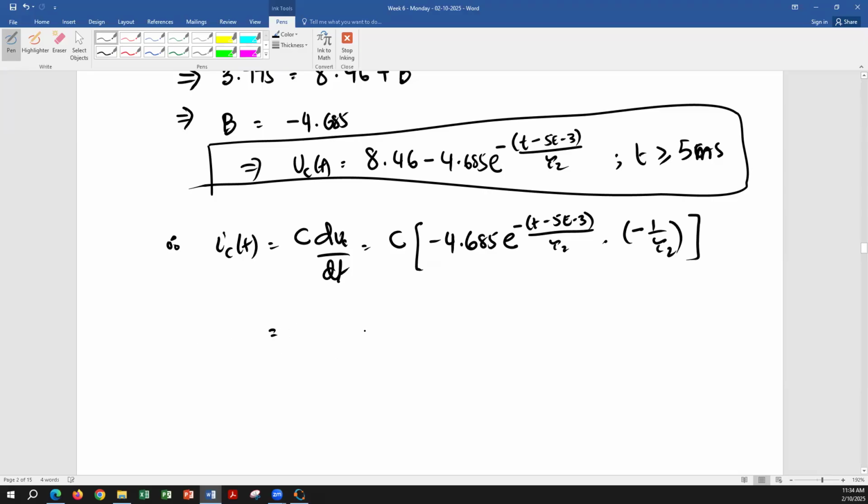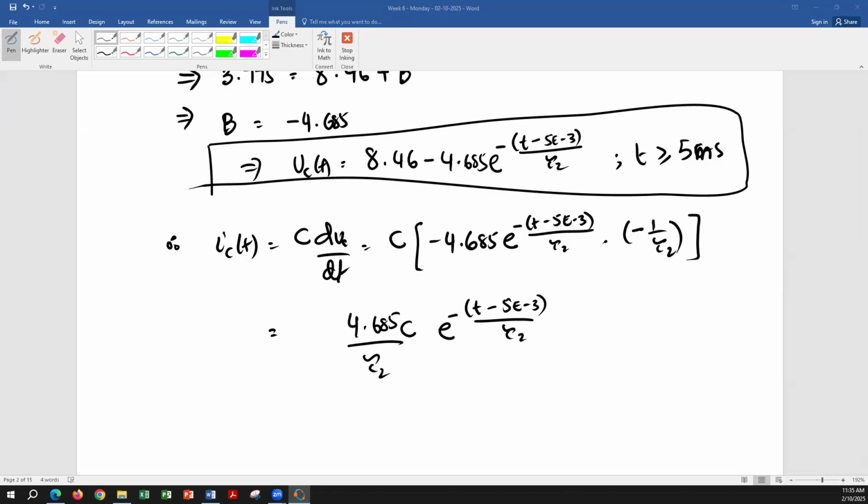The current is going to be 4.685 over tau 2 times C e to the power negative (t minus 5 millisecond) over tau 2.